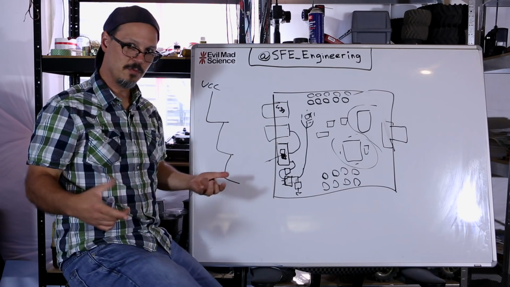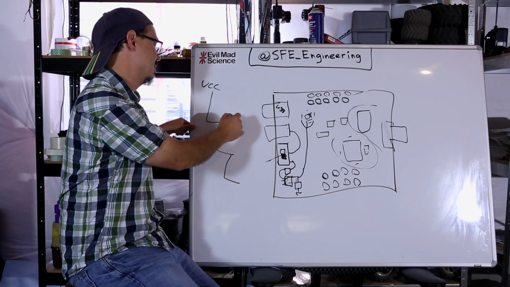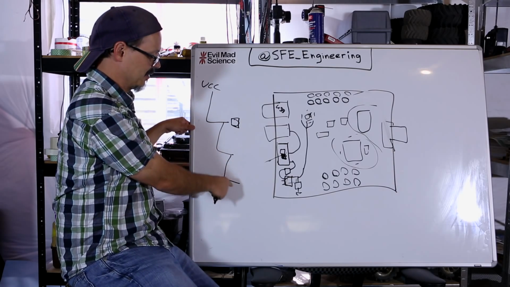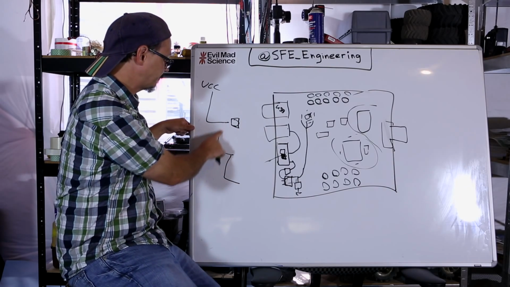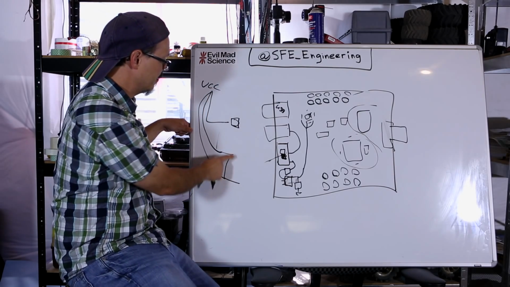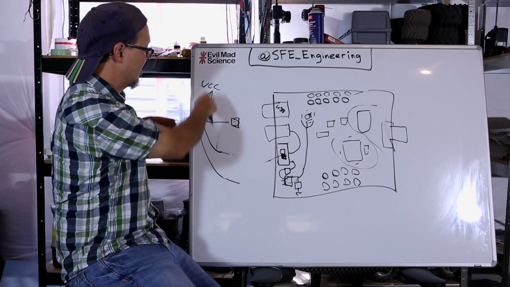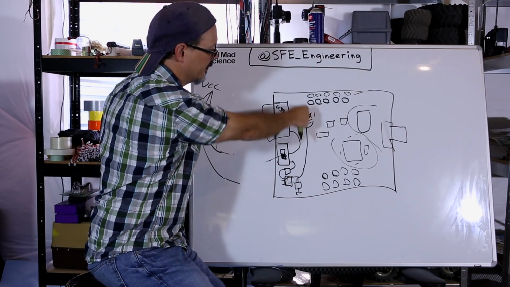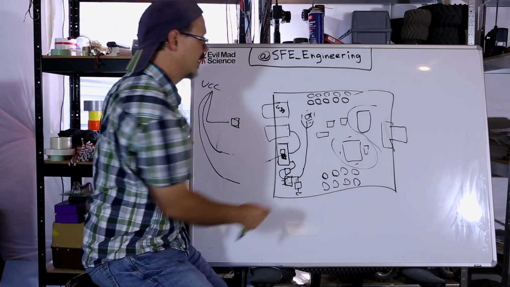Not a huge one, but it's going to introduce noise. So every time this component draws a bunch of current, these guys are going to feel it. So what you do is you tie them back up to here, so that they are equidistant in a way. And by doing this, you tie them all to a center point. There's your star, and it's fed by a single line.